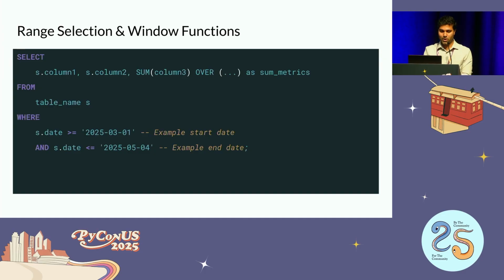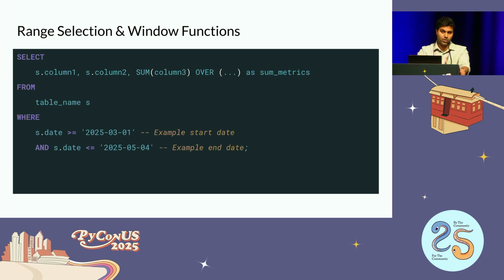But window functions, please use a range. Select star from limit 100 is just going to limit your records to 100, but it is still going to scan your entire million records. Making backfills consistent is about adding a range.